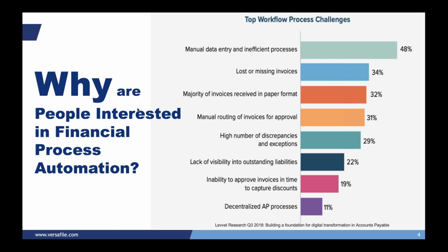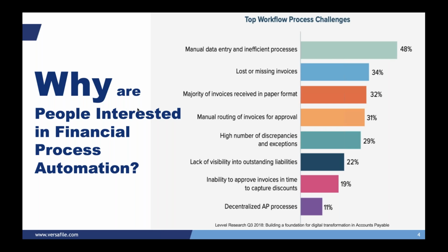A lot of the key drivers include inefficient and manual data entry processes, a decentralized processing and approval chain, and a lack of overall visibility into liabilities as well as the actual payment process and the status of processes. These factors can create significant challenges and result in real dollar cost factors, such as missed or lost invoices, which can lead to redundant processing and even duplicate payment of invoices.